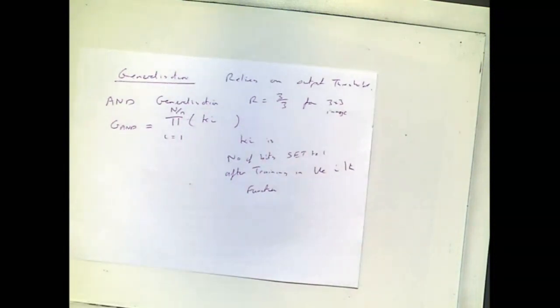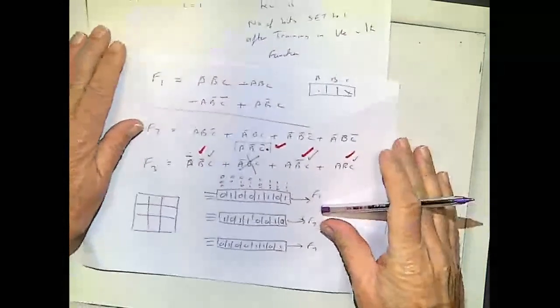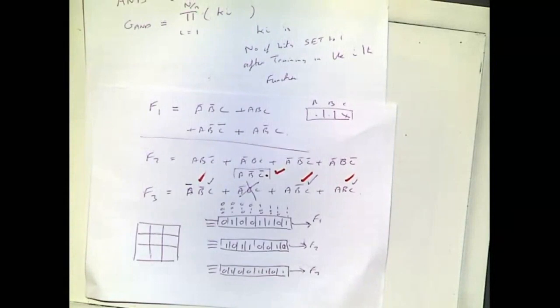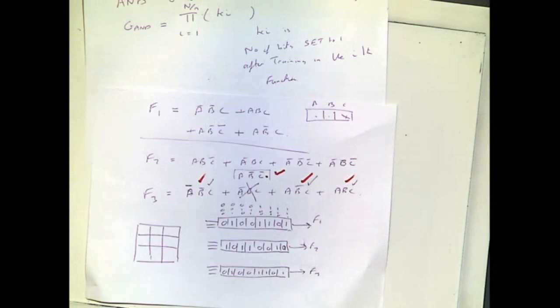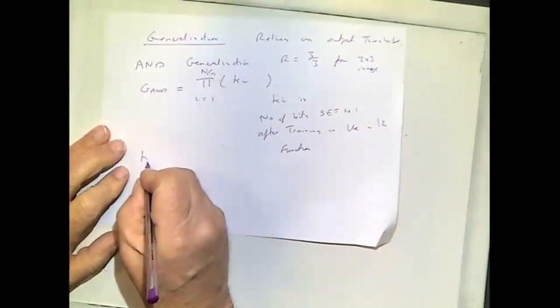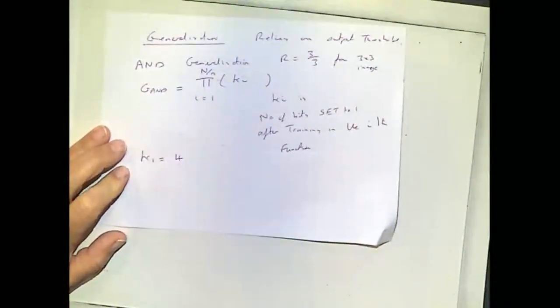So, going back to my trained system, there were my trained functions. This is the first function, and ki is the number of bits set, and if we count them, 1, 2, 3, 4. So for this particular example, K1 equals 4.